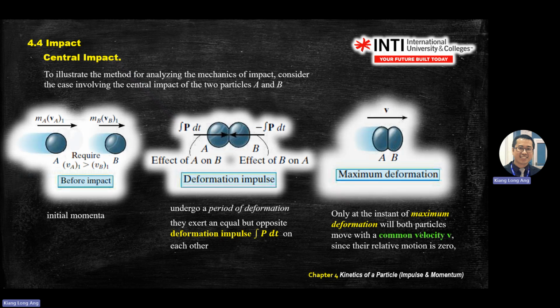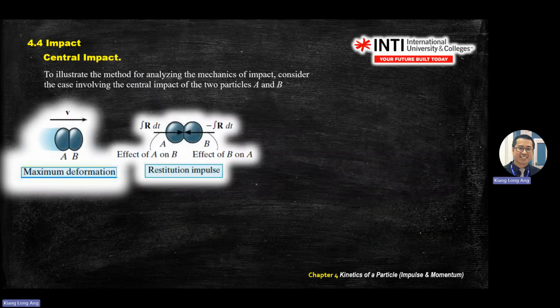Okay, so we continue the motion from maximum deformation. Then there's a restitution impulse. What do I mean by restitution? You have squeezed already, and you start to bounce. You will feel the effect on A and B. When they bounce back, there is also an impulse.